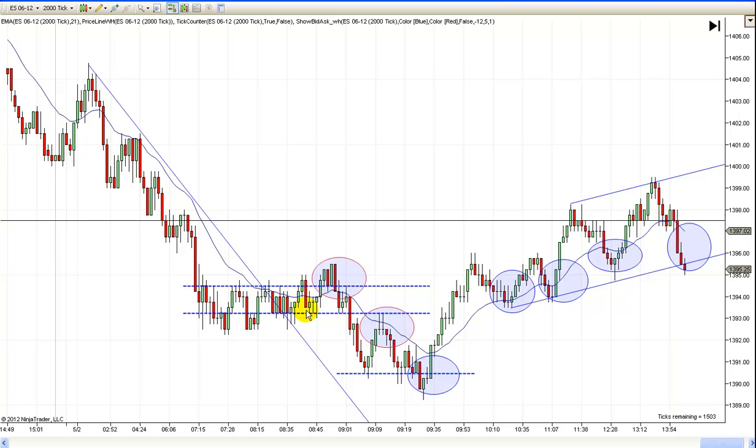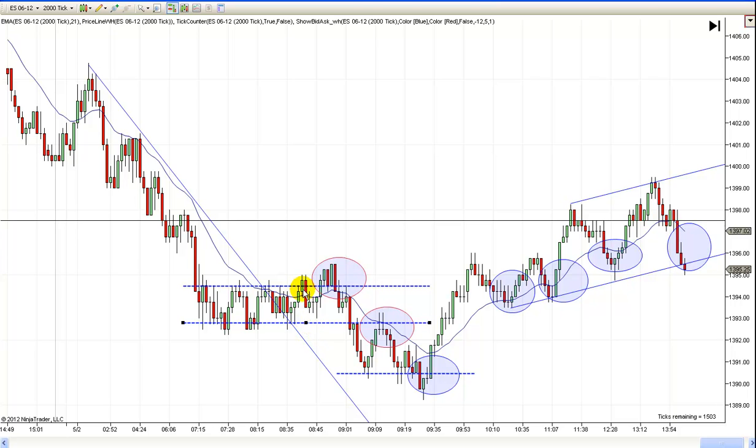This bar is bearish, so going short under that bar is not such a bad idea. But by the time that bar finished, you're getting short way too far down here near all these last closes. So you don't have enough room to get out of there safely, and that's not a good place to enter.